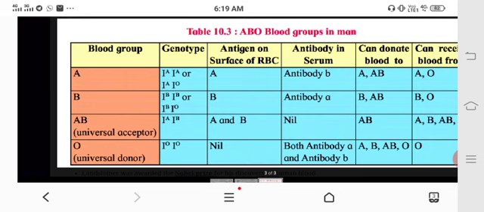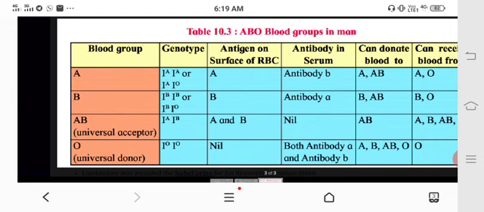So this O is the universal donor. He can donate the blood to blood group A, B, AB and O, all the blood groups, and can receive the blood only from persons having blood group O.